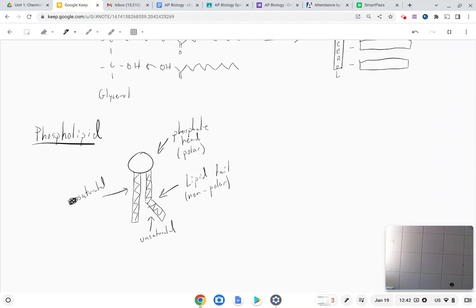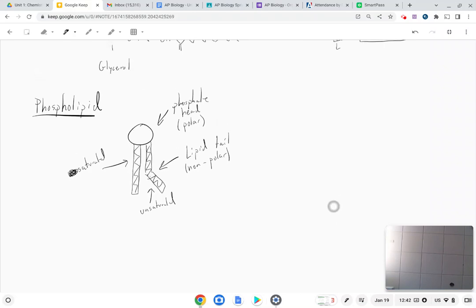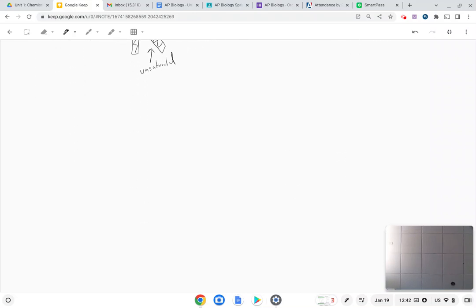Okay, we're going to move on to nucleic acids now. This one is simpler, I think. All right, nucleic acids.